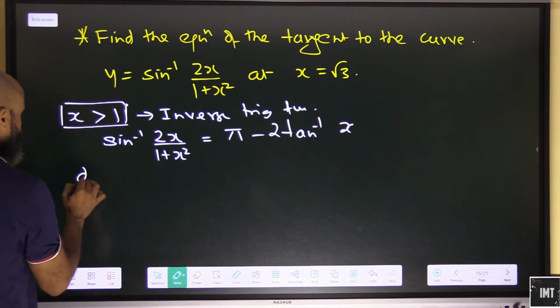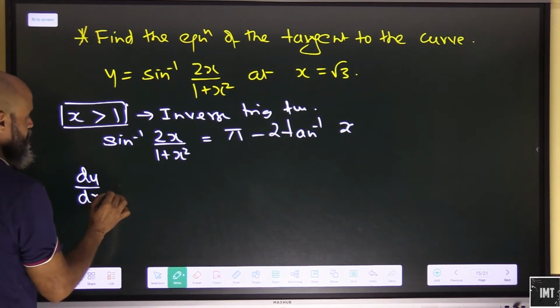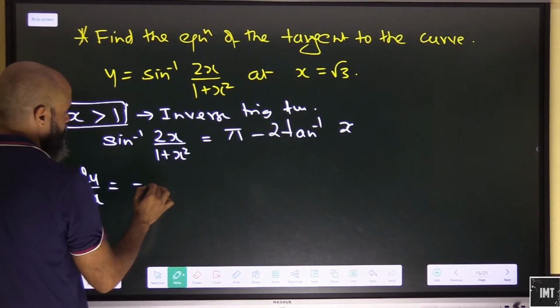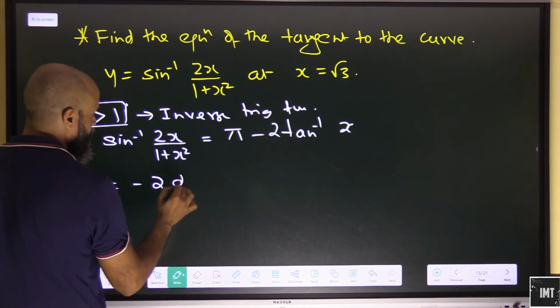This is basically a concept from inverse trigonometric functions. So here we have dy by dx equal to minus 2 d by dx.